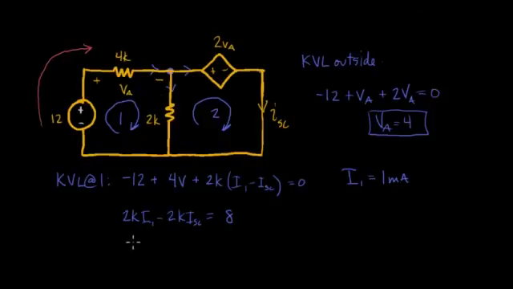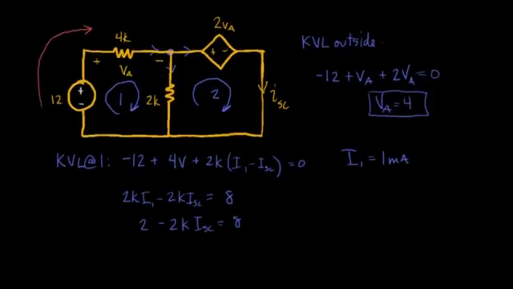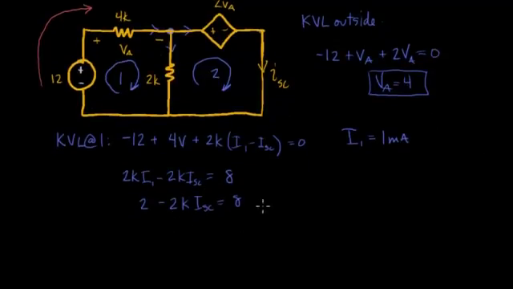So this is 2K times 1m, so that's 2, minus 2K ISC equals 8. And we'll bring the 2 over to be negative 6, and then we'll divide by negative 2K, and find that ISC equals negative 3 milliamps.